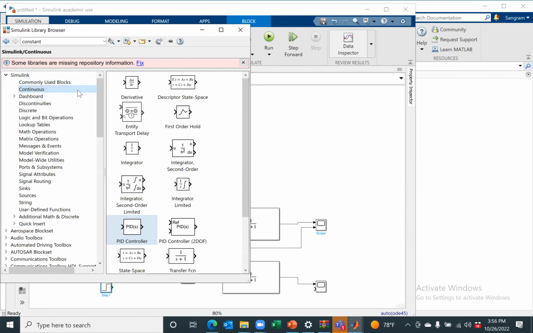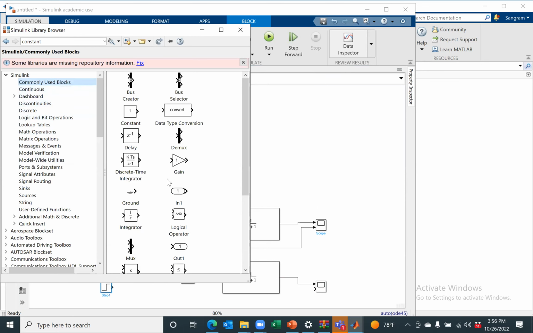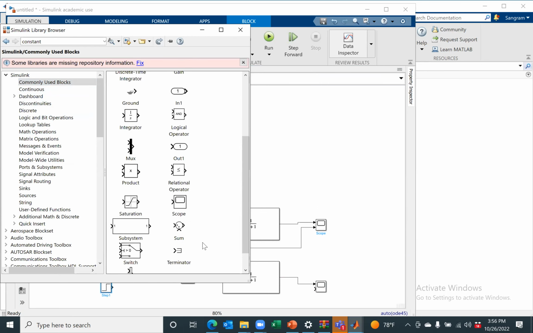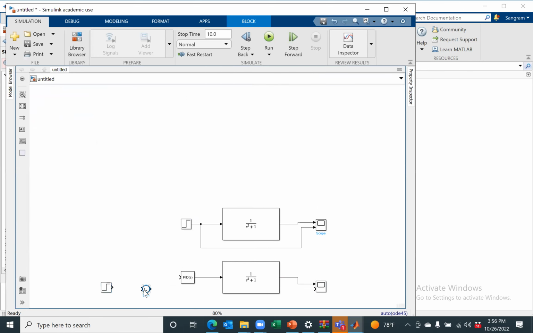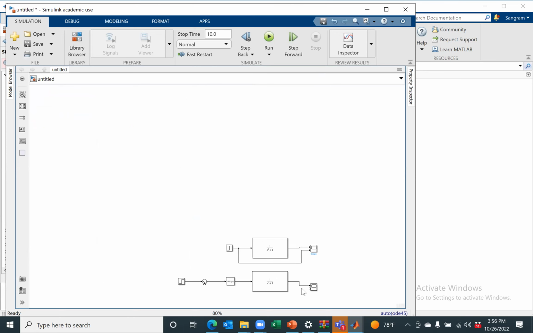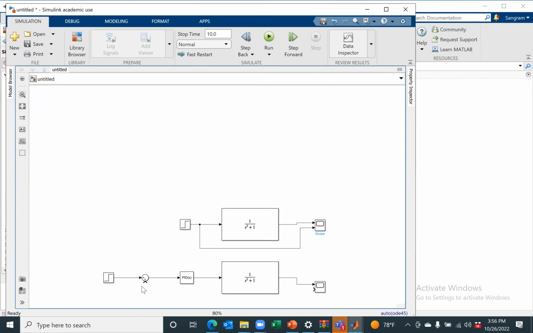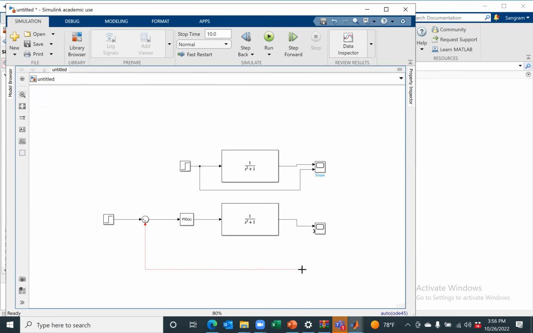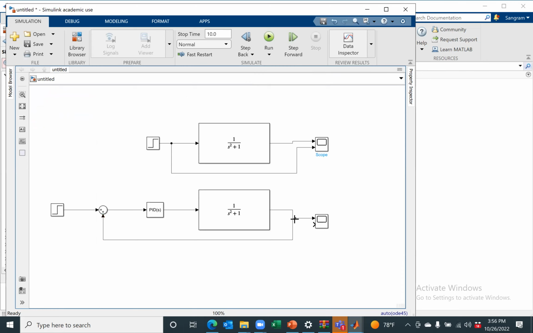Then go to library browser, commonly used blocks, and then you will see this summing junction. Grab this summing junction from here, PID, and then take the feedback from here, and this will be connected to input.